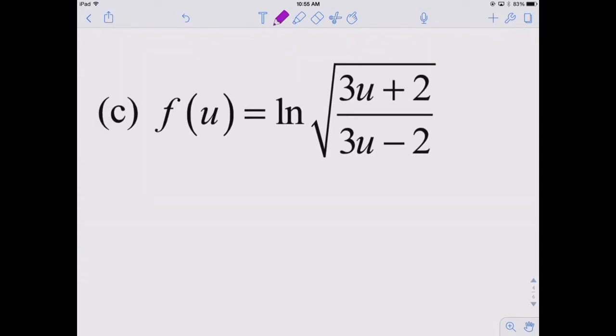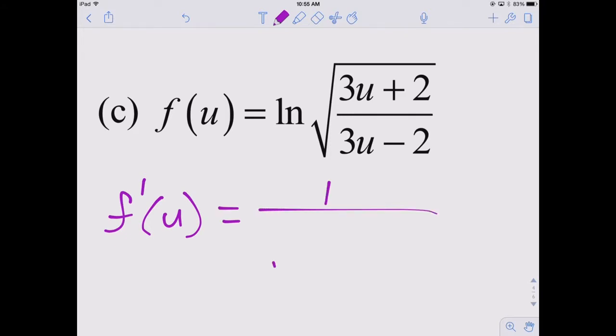All right, how about this one? F of u equals the natural log of the square root of 3u plus 2 over 3u minus 2. Whoa, f of u is right. Because if I try to go to f prime of u, that's going to be the natural log of blob. That's 1 over the blob. Ugh.